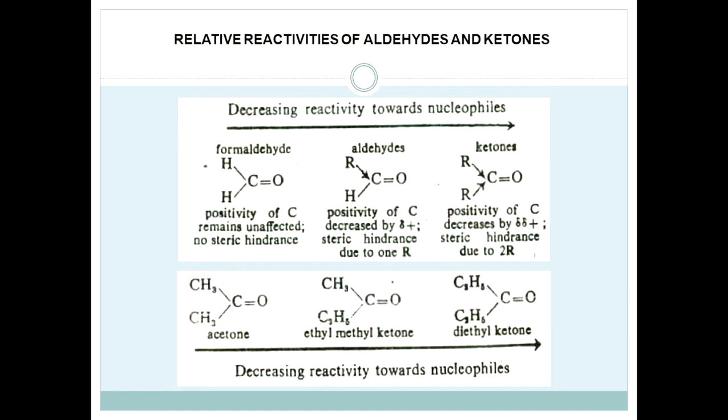Then let us know the relative reactivities of aldehydes and ketones. Among these aldehydes and ketones, which are more reactive? Here the ketones have two alkyl groups on the carbonyl carbon, while aldehydes have only one alkyl group.